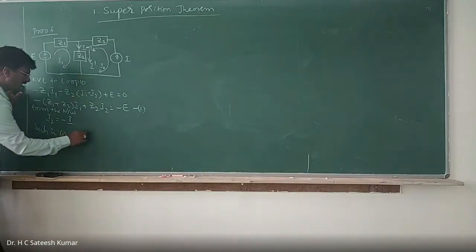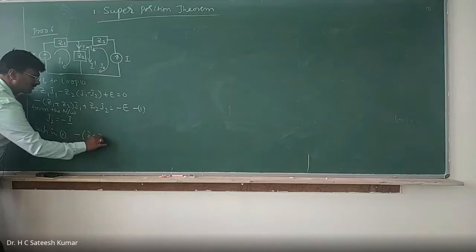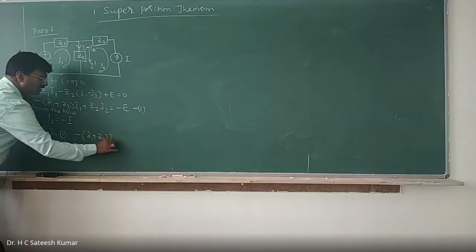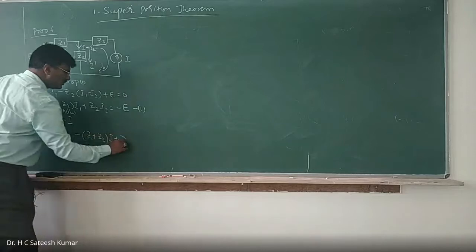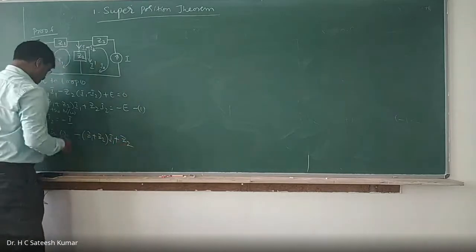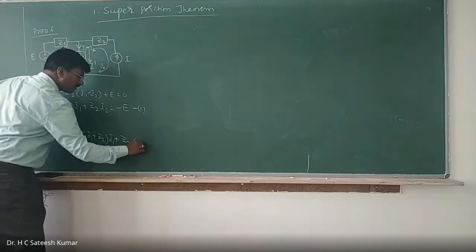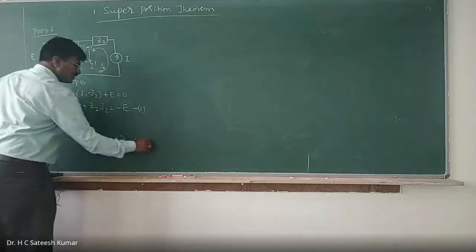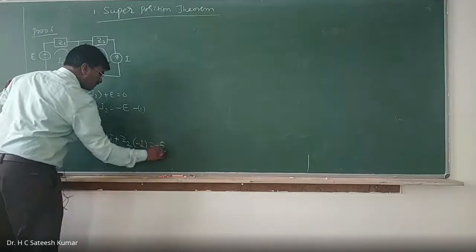What will you get? Minus of (Z1 plus Z2) into I1 plus Z2 into (minus I) is equal to minus E.